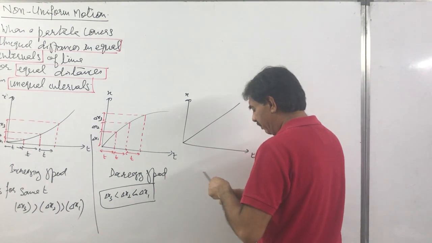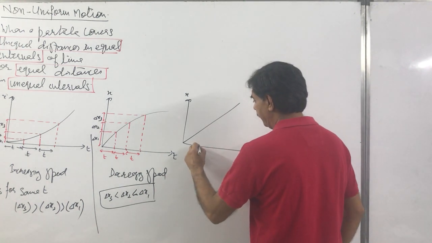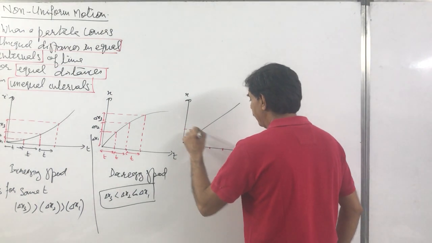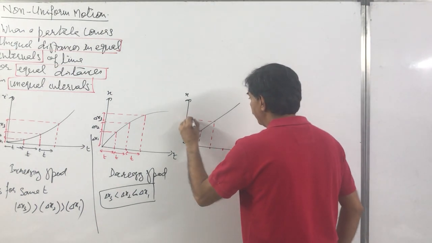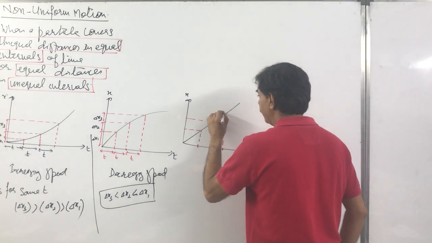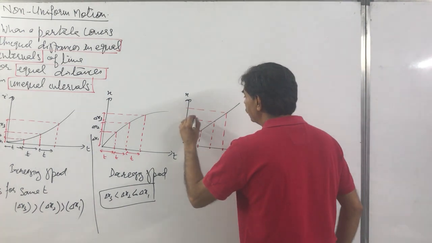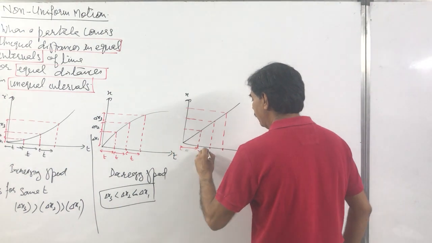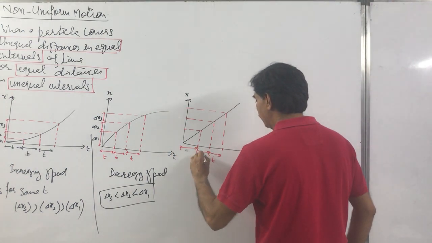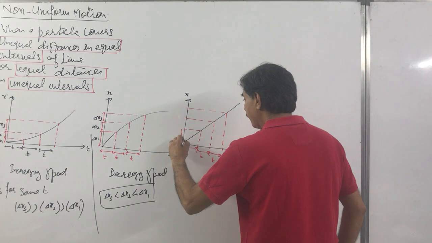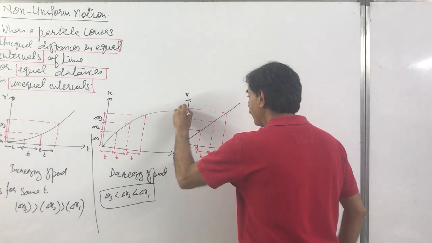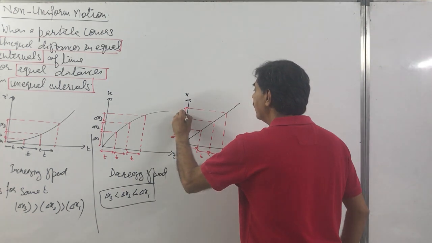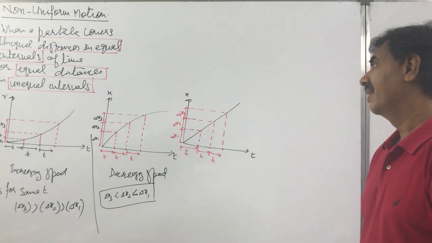Let's take equal time intervals. These are the same for this time interval, for equal time intervals. Delta x1, delta x2, delta x3 are the same.